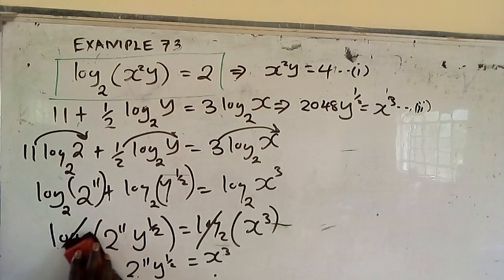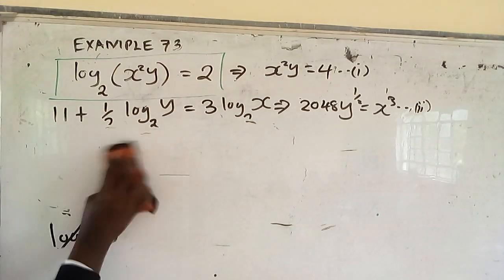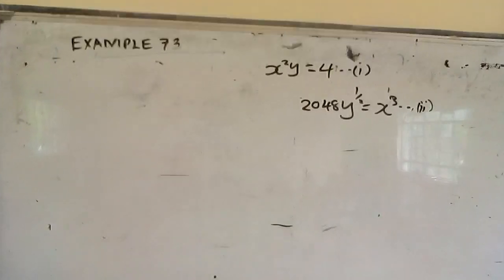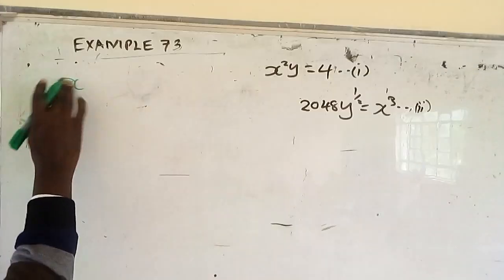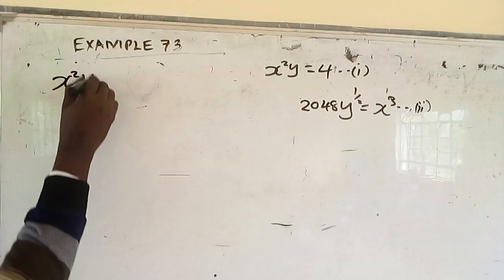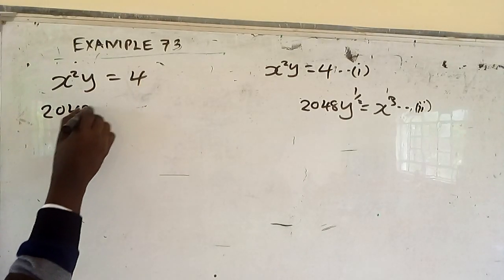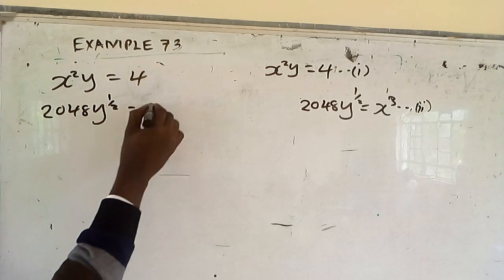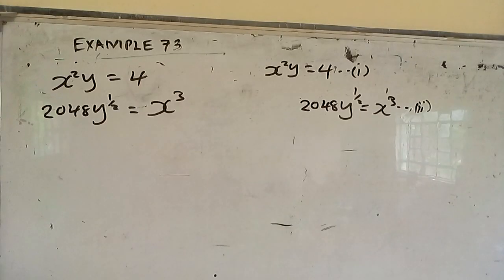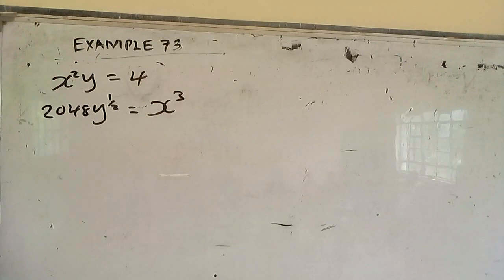Our equation 1 is x squared y is equal to 4. And our equation 2 is 2048 y raised to power a half is equal to x cubed. So you can make y the subject in each case.